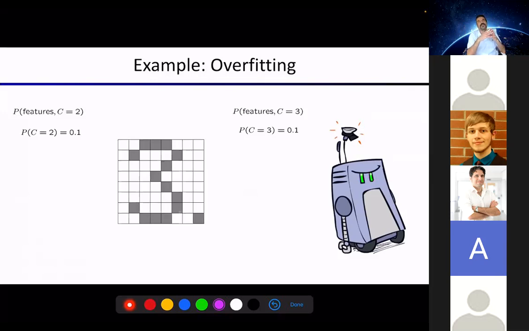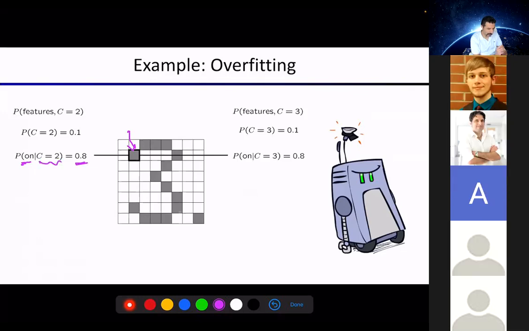If you do not have any data that represent one of these features, then your probability becomes 0, and that's bad. For example, if you only rely on your data, the probability that this pixel is on is 80% for example 2, and for example 3 it is also 80%.